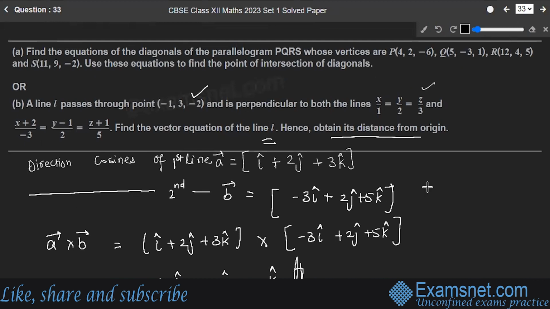So we got both the answers. The distance came out to be root 14 units. That's it. We have done question number 33 as well.